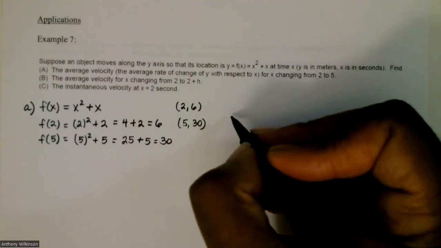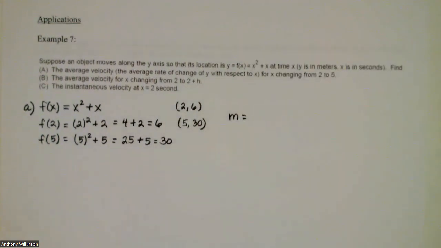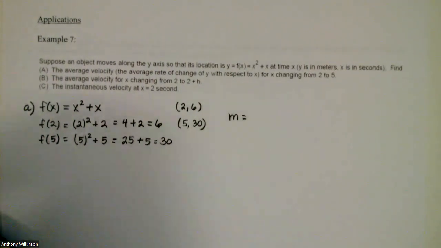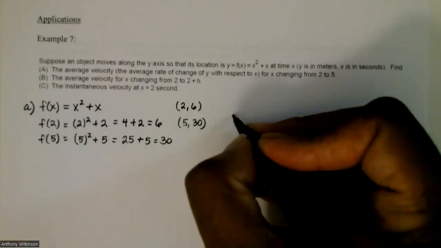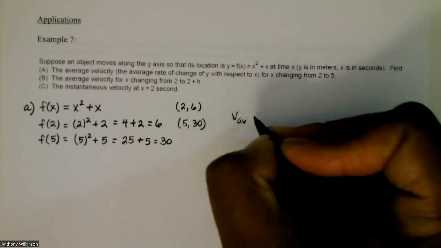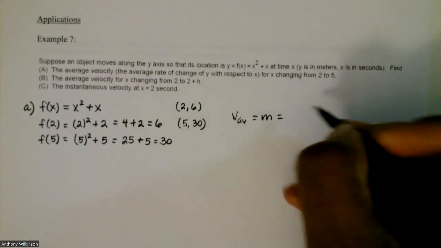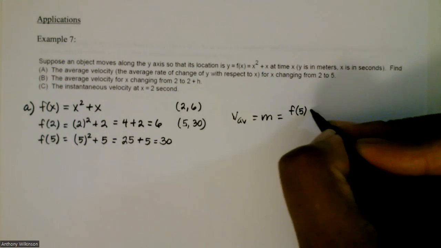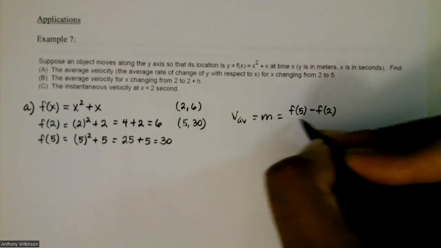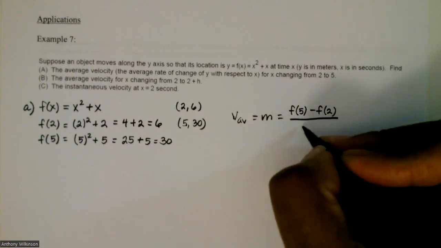So here we want to find the average velocity. That means we're going to have to use the slope formula. Let me rewrite this as v, average velocity, which is the slope. And that's going to be, of course, f of 5 minus f of 2, because we're going from 2 to 5, divided by our x values, 5 minus 2.